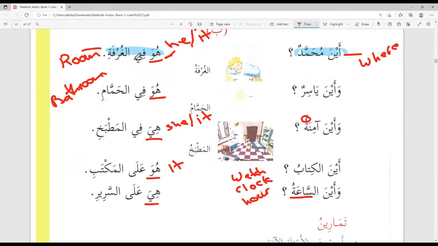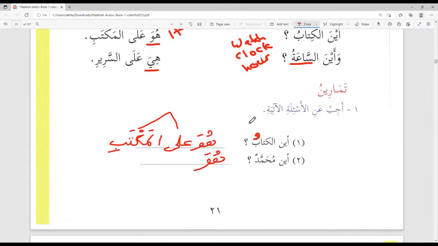Oh, في الغرفة. نعم. So again, أين محمد? هو في الغرفة.